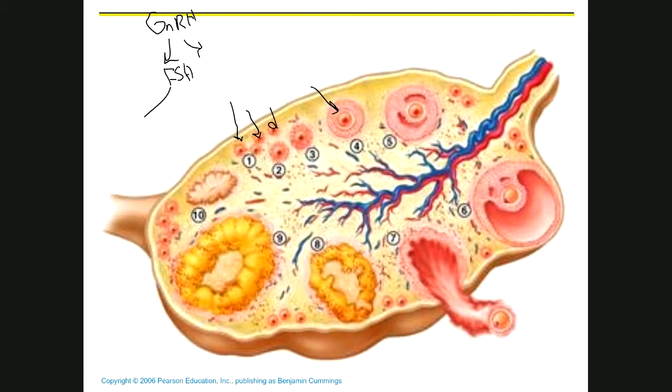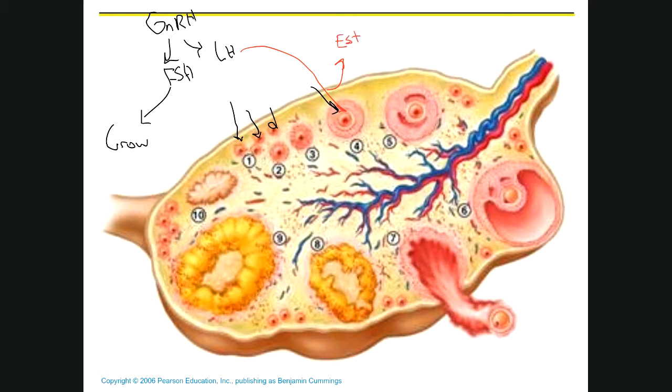So the follicles are going to grow. LH, which stands for luteinizing hormone, causes the follicle to make estrogen. So LH is also going to go to the follicle, and we're going to get estrogen.